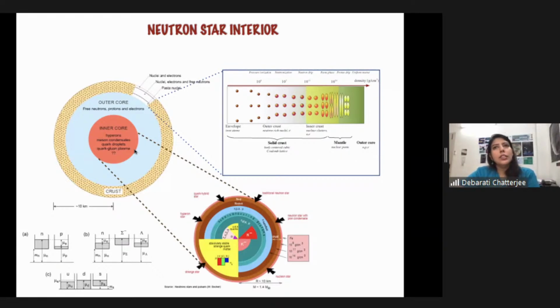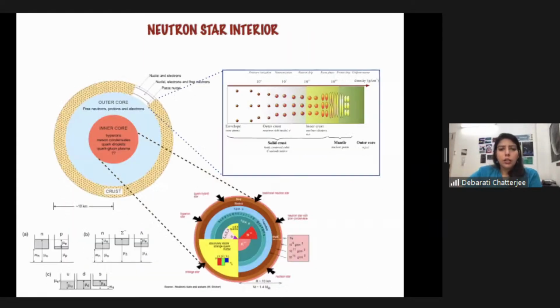The reason is that for the densities you have in the interior of a neutron star, strangeness can be conserved, and it can actually produce these hyperons, quarks, and all these exotic components as stable components of the neutron star core.